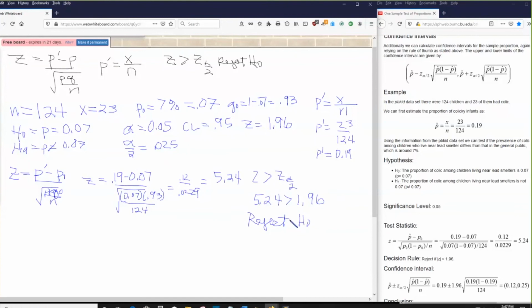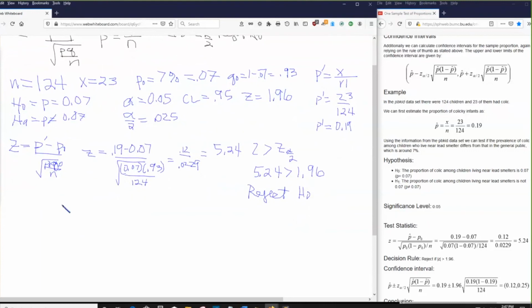And then if I wanted to, because I've got my confidence level, I could also find the confidence interval, which we've used before, and that would just be P prime plus or minus our z alpha over 2 times the square root of P prime Q prime over n.